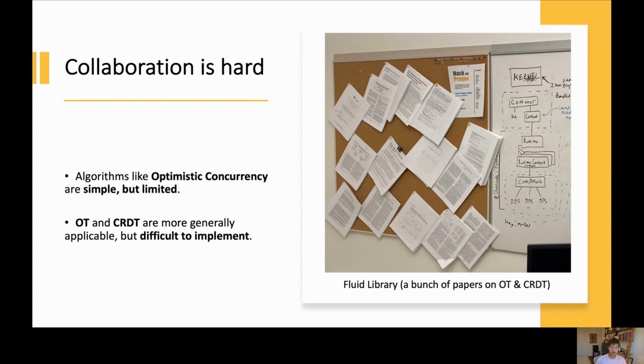There's a whole lot of academic research being done on it. And what we realized is algorithms like optimistic concurrency, that's a relatively simple algorithm. It has limited use case for a lot of end user scenarios. And we also realized that OT, that's operational transformations, and CRDTs, conflict-free replicated data types, are pretty generally applicable, but they're difficult to implement, and they might require special case implementations for each use case. So if I did a to-do list app, I might have to rework my OT model or my CRDT model specifically for that use case.